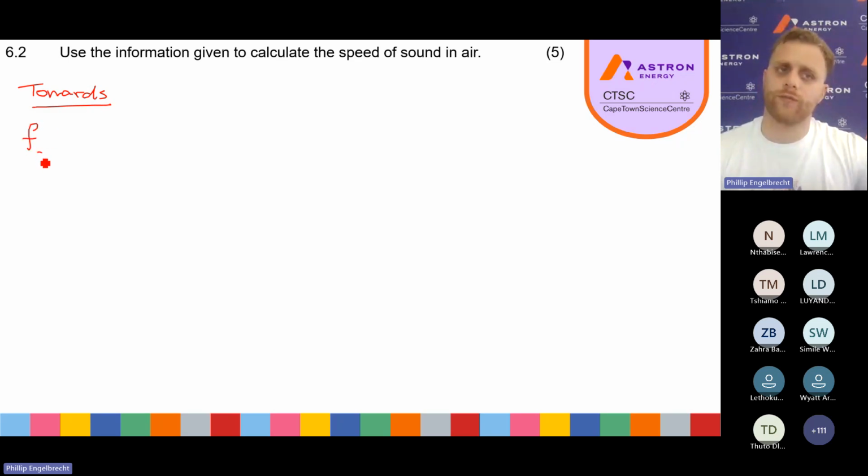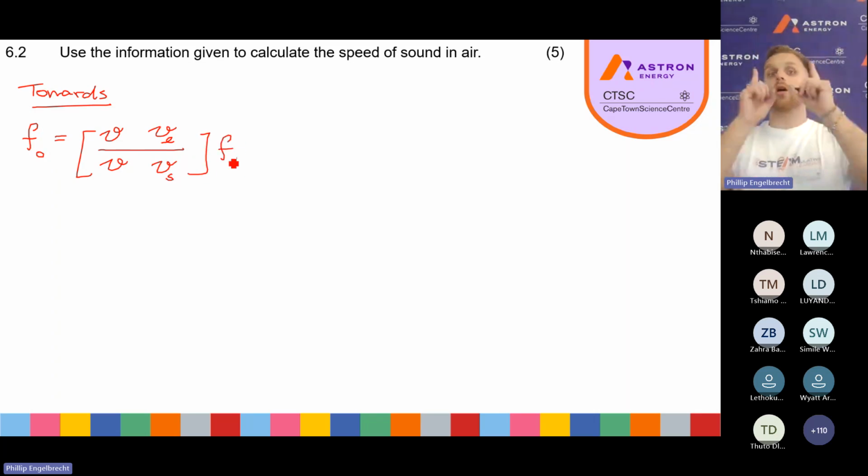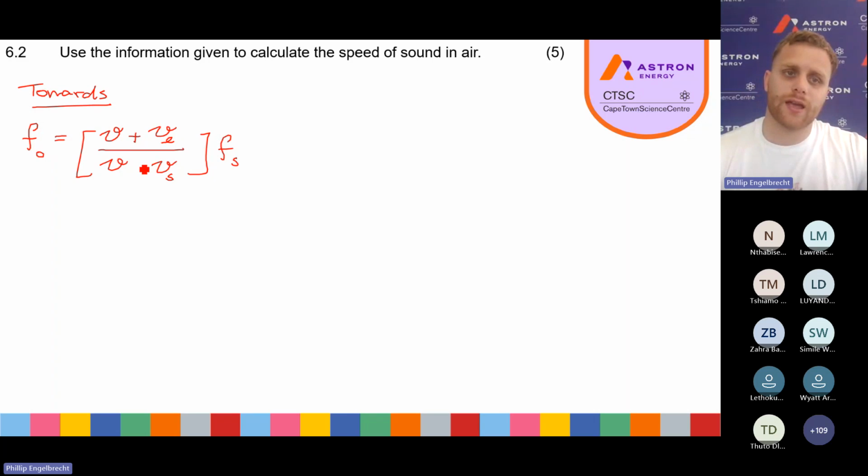Well, I know that the observed frequency, or the frequency that we hear, sometimes you guys call it FL, is equal to V, that's the speed of sound, plus or minus the velocity of my listener, divided by V, plus or minus the velocity of the source, times the frequency of my source. Remember, if it's towards, it's plus on top, minus at the bottom. So it's a plus and a minus. Always remember that, guys.